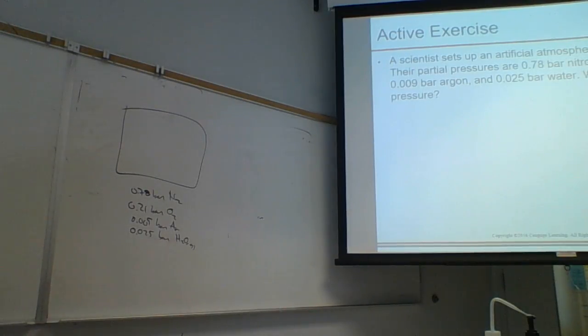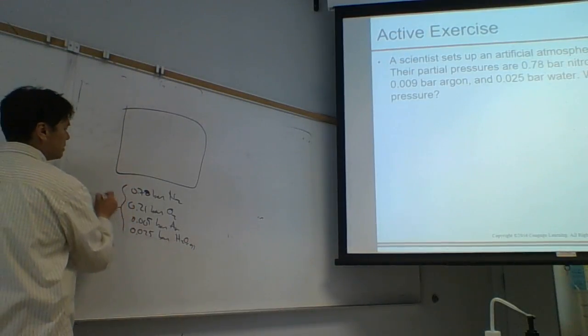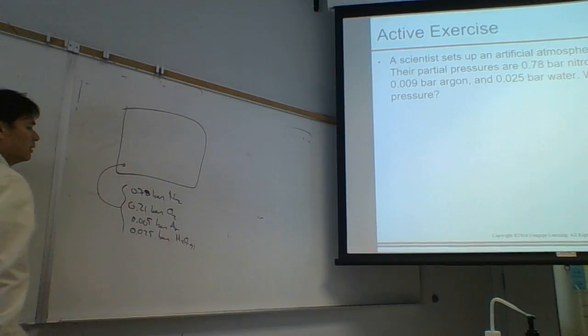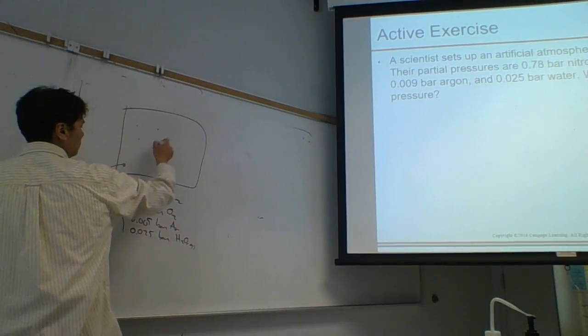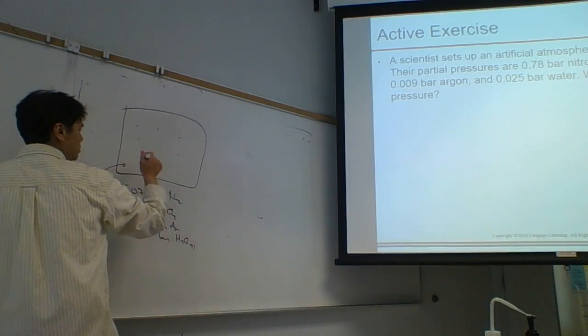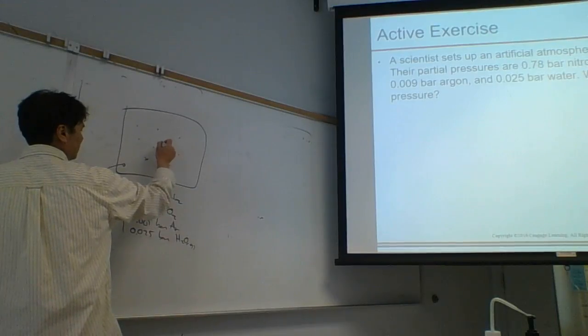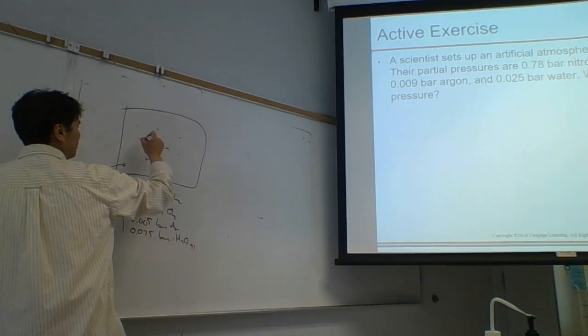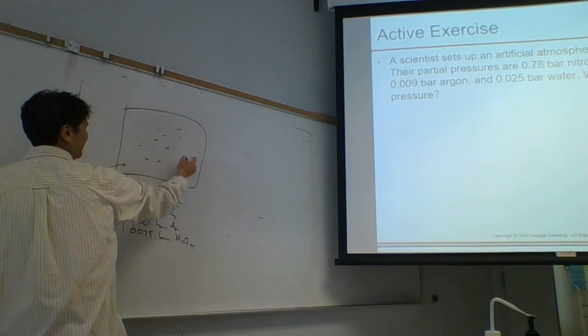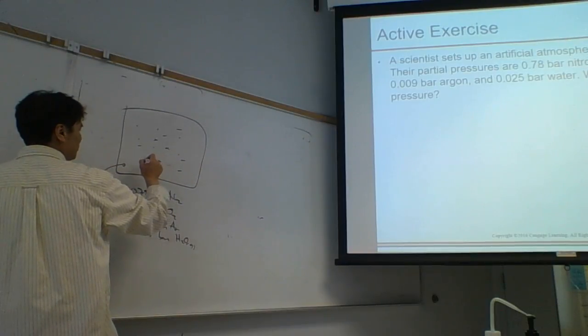So what they're going to do is they're going to stuff all these into the same container. If they stuff them all into the same container, then the volume of nitrogen is equal to the volume of oxygen, which is equal to the volume of argon, which is equal to the volume of water vapor.